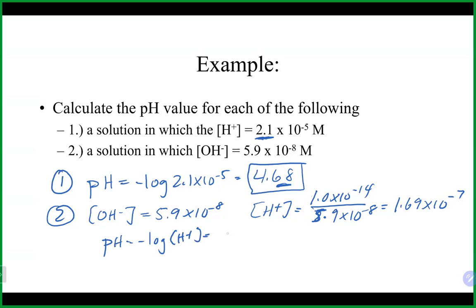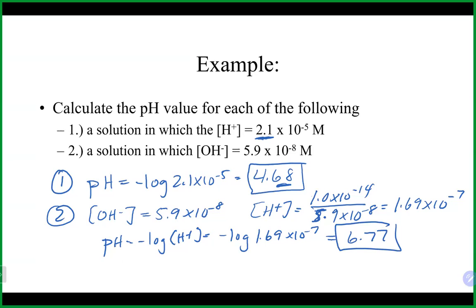And that would get us minus the log here. I'll just take the whole number. That will get us a pH here of 6.77, which would be slightly acidic.